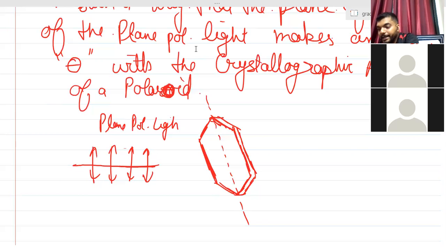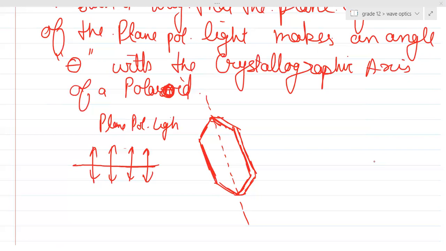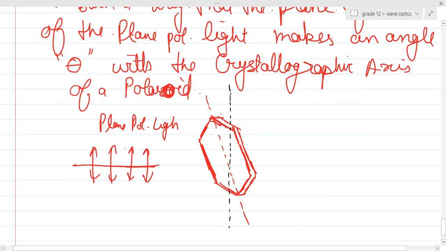Then these light rays which will come out will have a further reduced intensity, but they will have a plane exactly the same as the crystallographic axis.